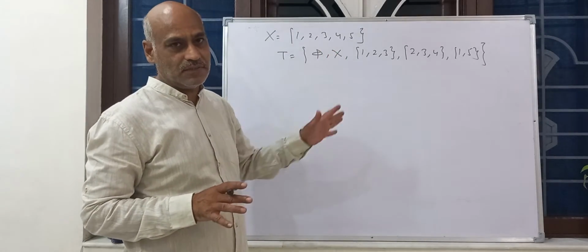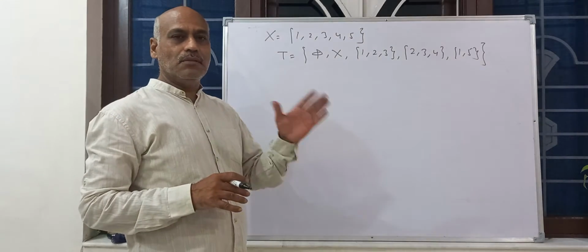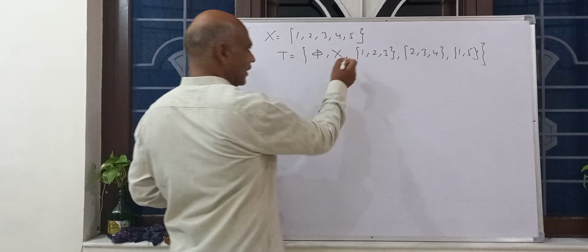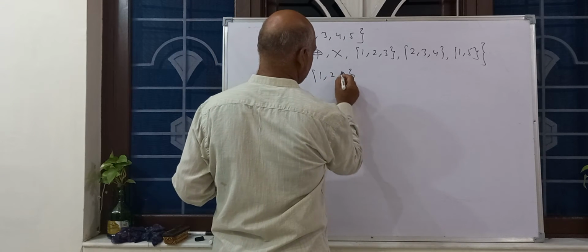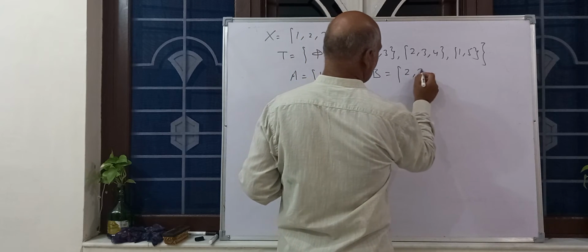The first condition is satisfied. Now we come to the second: A belongs to T, B belongs to T, then A intersection B belongs to T. Suppose we take A equal to {1, 2, 3} and B equal to {2, 3, 4}.